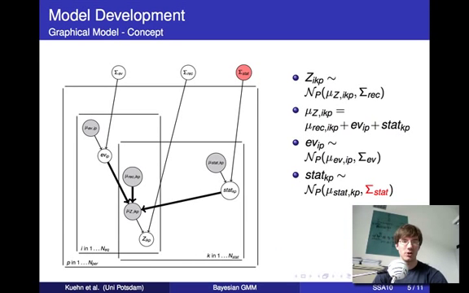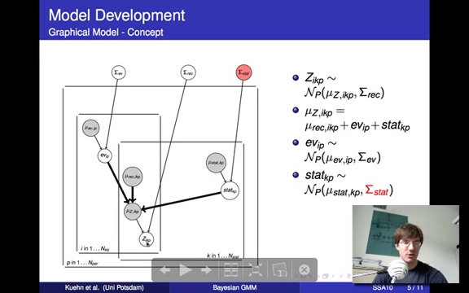Now we'll come to the model, and this is a conceptual model or a graphical model. In a graphical model, each quantity is represented as a node, and arcs between the nodes denote direct dependence between the nodes. There are different kinds of nodes.